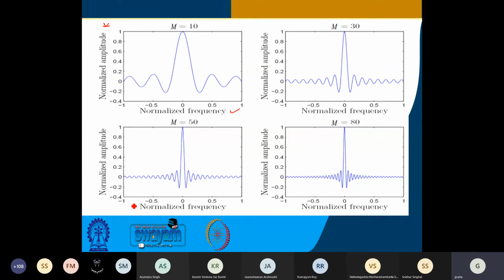Sir, as m is increased, we get a much better impulse response behavior, which will lead to a better filter response. That is one thing. Any other thing which is important in this context? Sir, the values of each of the lobes are the same in all the cases. Sorry, louder please. The value of all the peaks or the lobes are the same in all the cases, just that as we increase m, they come closer together.